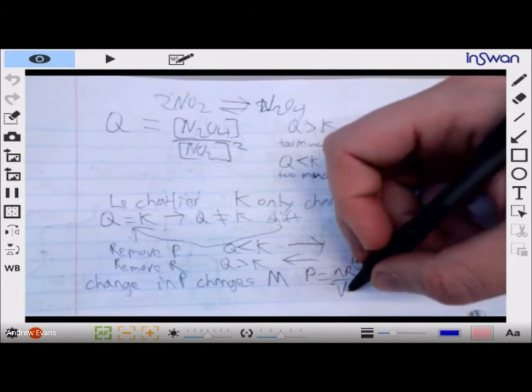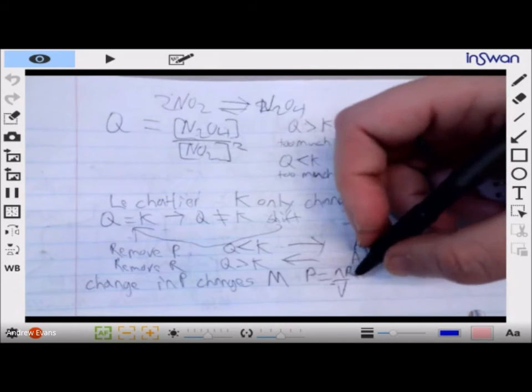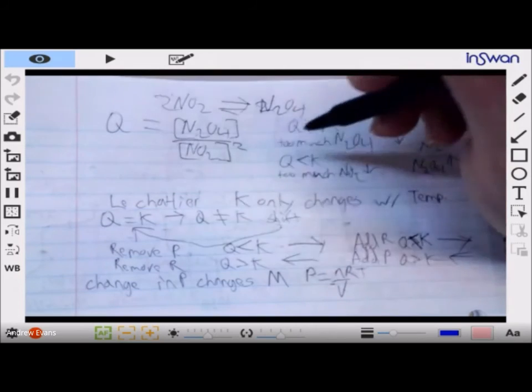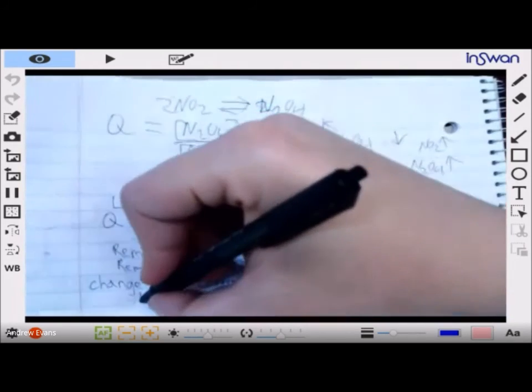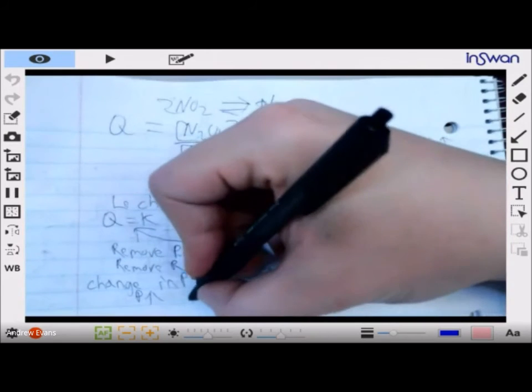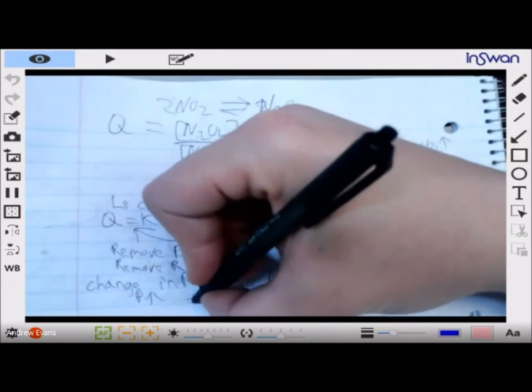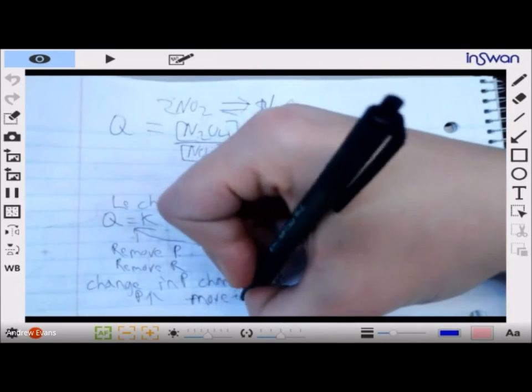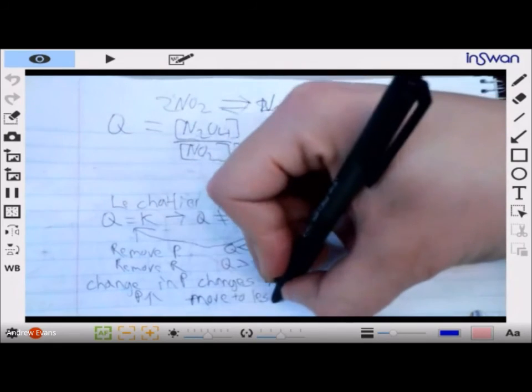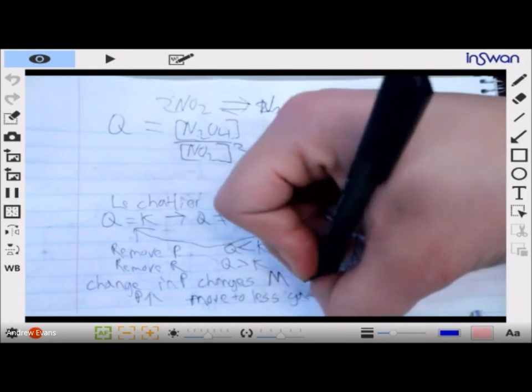So when pressure goes up, we move to less gas. If we decrease the pressure, it goes to more gas.